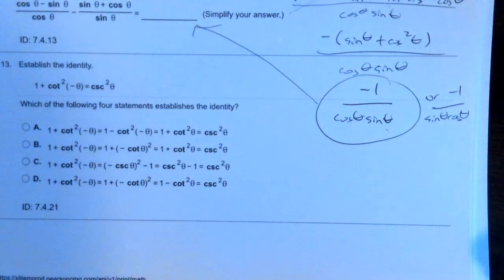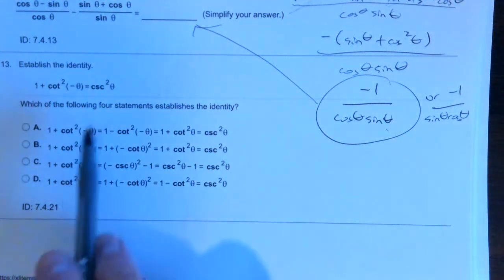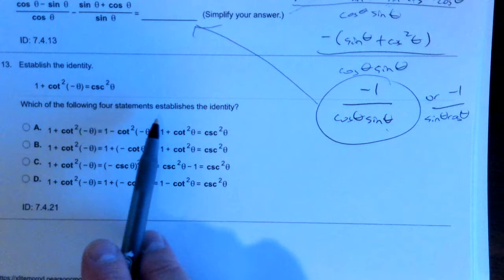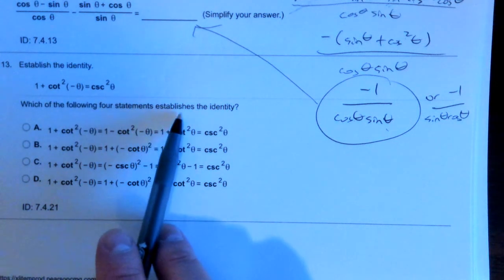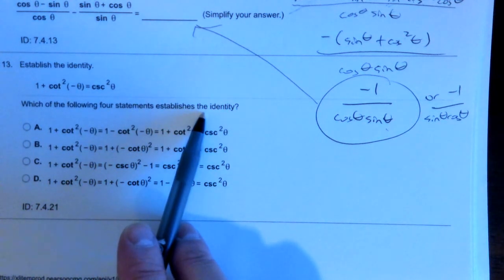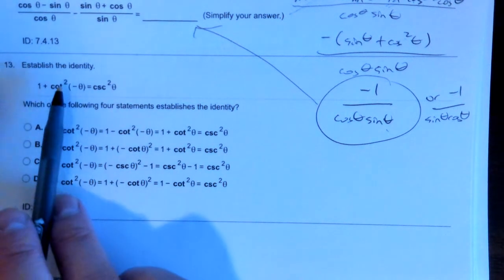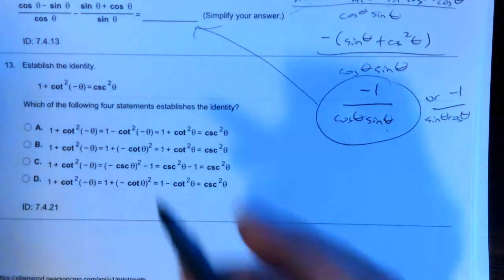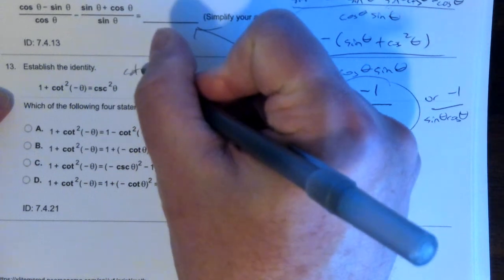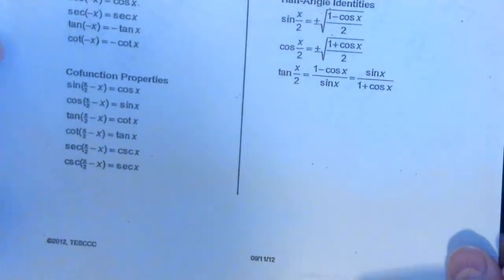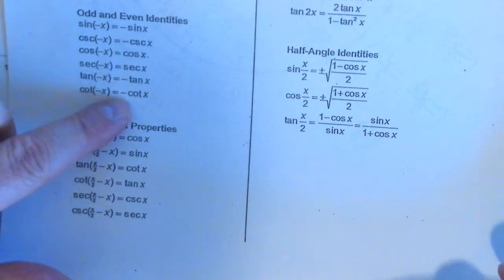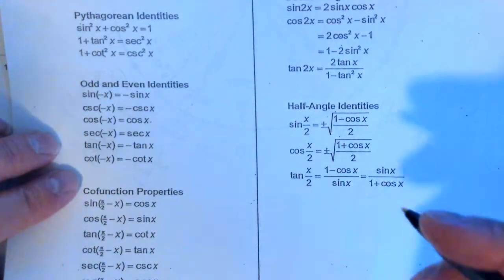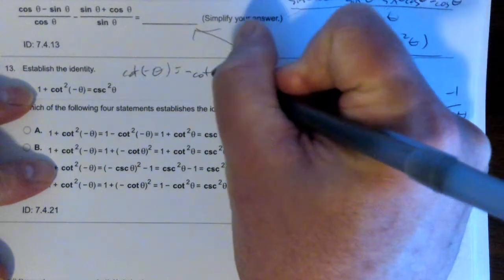Okay, then number 13. Which of the following 4 statements establishes the identity? Okay, so this is where we have a cotan of a negative. So this would be your even-odd identity. Cotan of negative is negative cotangent. So negative cotangent.